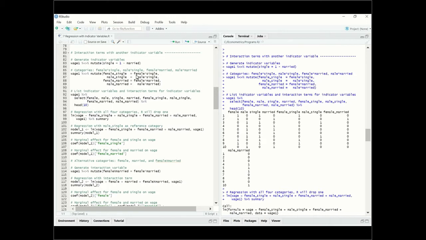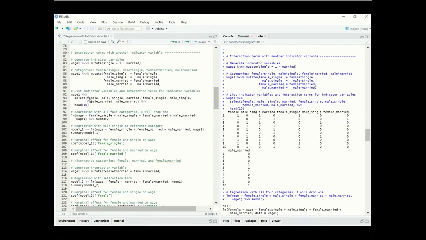And so here is how I am calculating these interaction terms, and these are the variable names that I'm giving to these interaction terms.